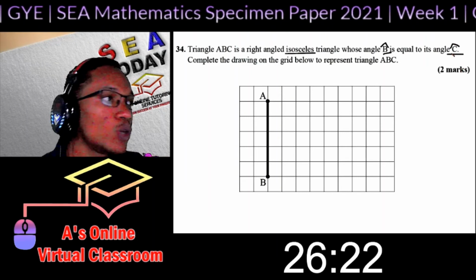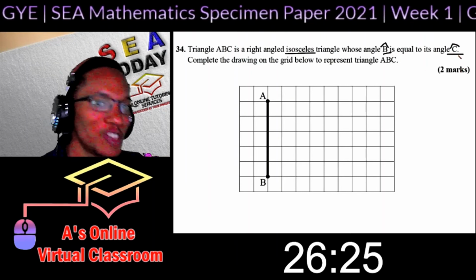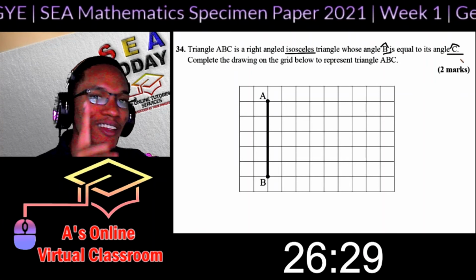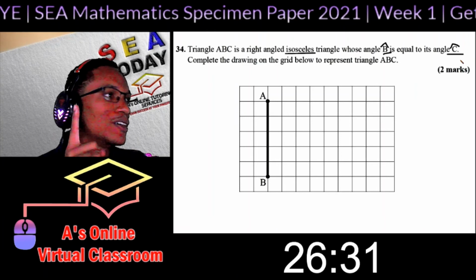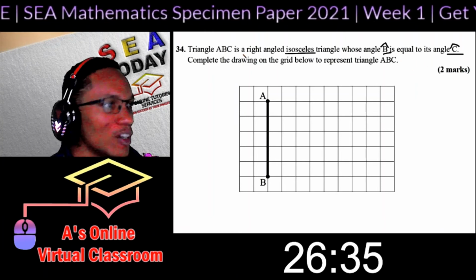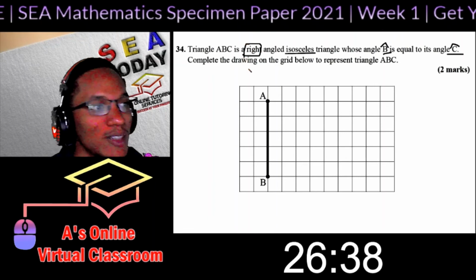So if those two are the same in an isosceles triangle, that means we have one other angle that is not like B and C, and that angle would have to be the right angle.